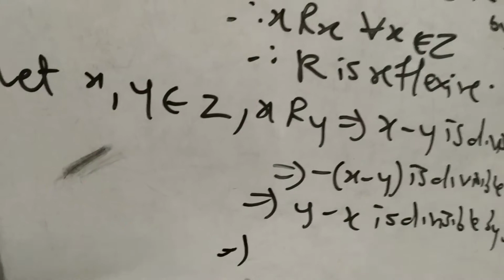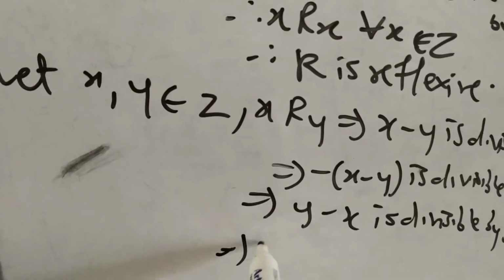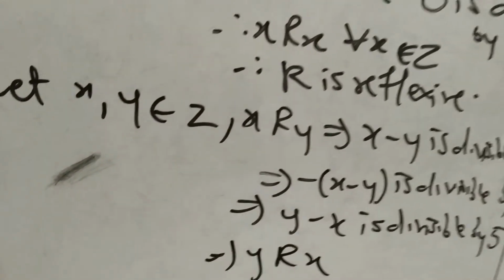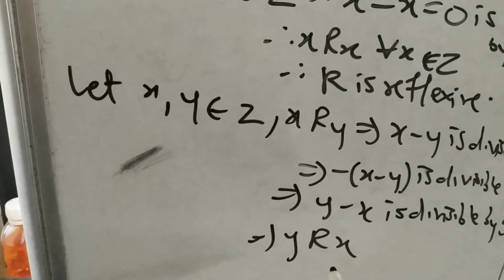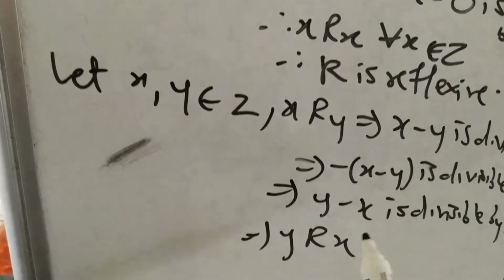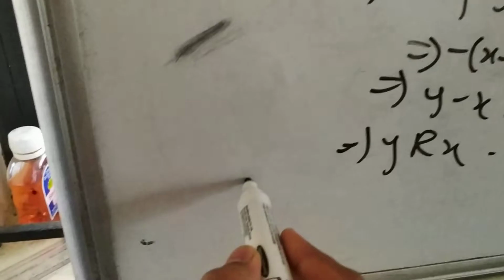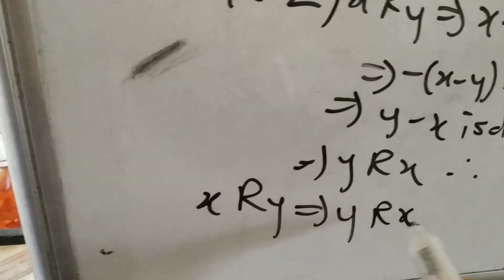And if y minus x is divisible by 5, it means y is related to x, and you have shown that x related to y implies y related to x, right?